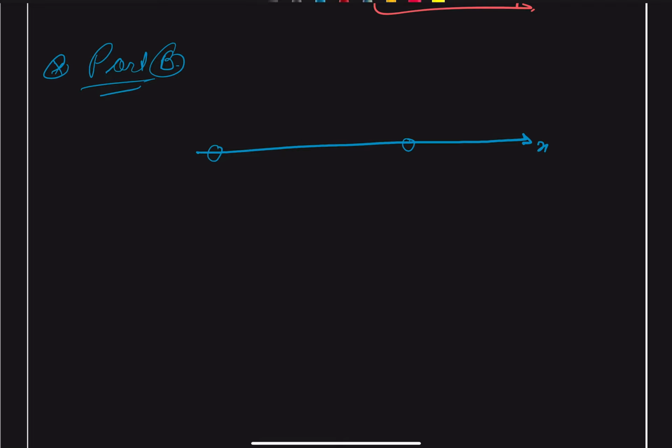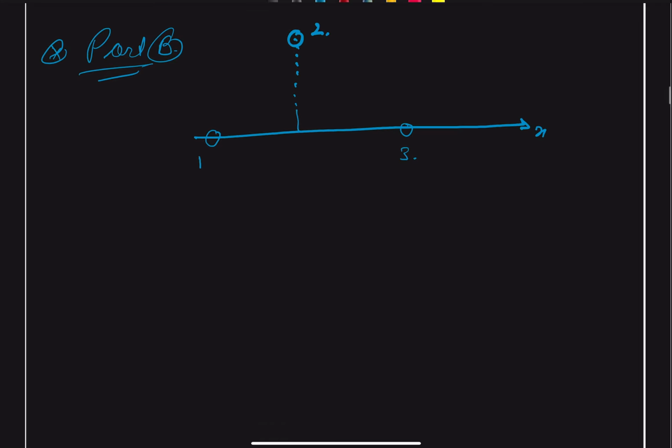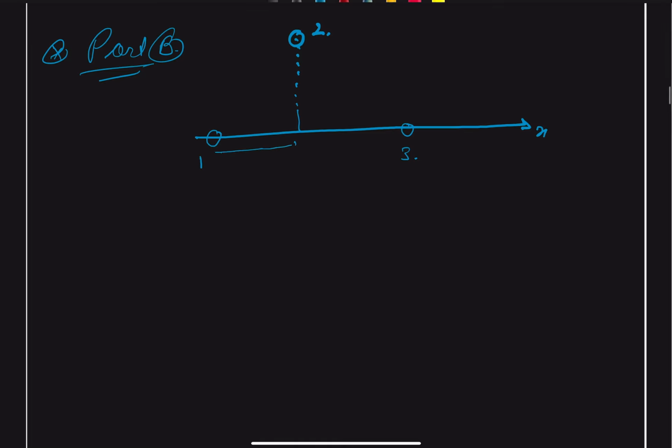This is the first wire, this is the third wire, and the second wire is moved somewhere here. This distance is d, and this distance is also d. We assume that this distance is r and this is also r, and the angle made here is theta, the other side is also theta.